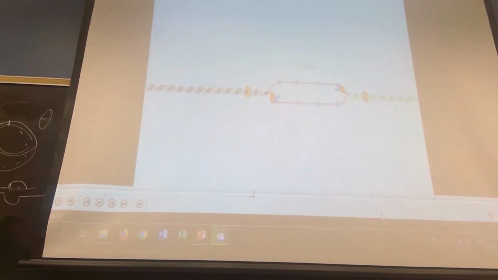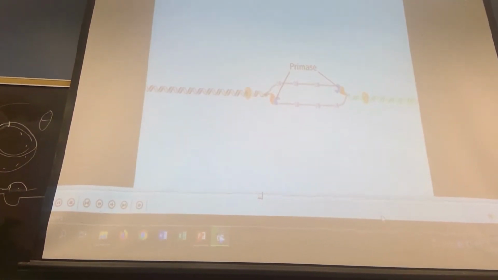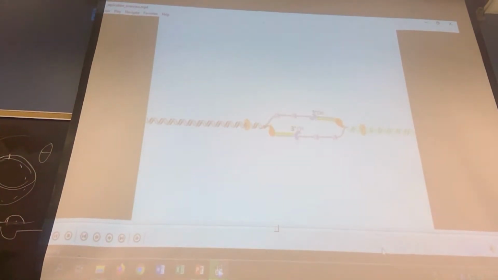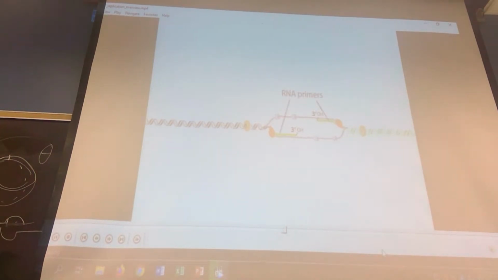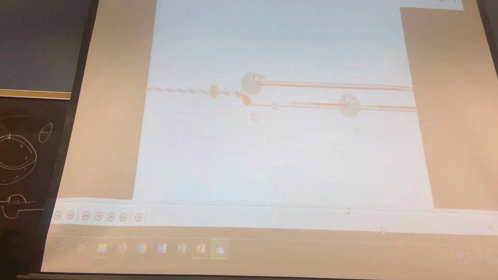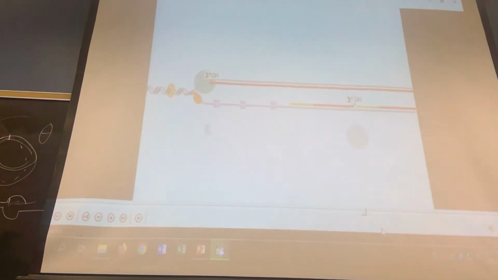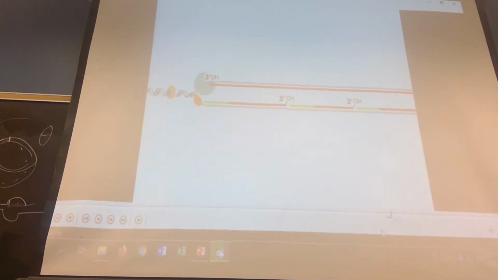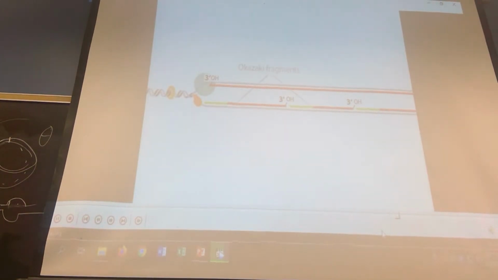An enzyme called primase synthesizes short RNA primers to allow DNA synthesis to begin. On the last RNA nucleotide of the primer. Because the two nucleotide strands of DNA are anti-parallel, replication takes place continuously on one strand, the leading strand, and discontinuously on the other, the lagging strand. The short lengths of DNA produced by discontinuous replication of the lagging strand are called Okazaki fragments.